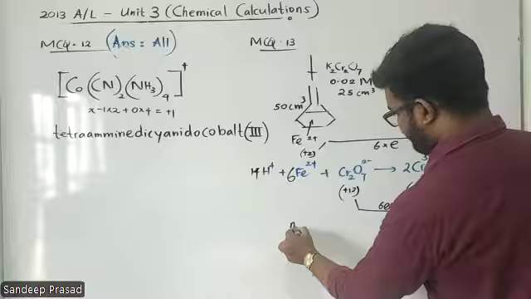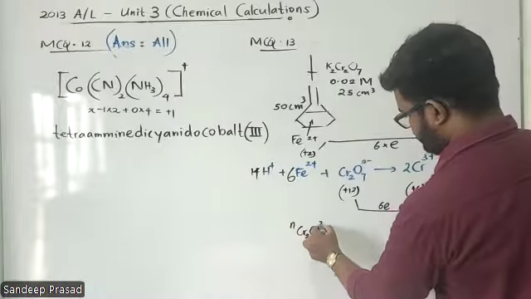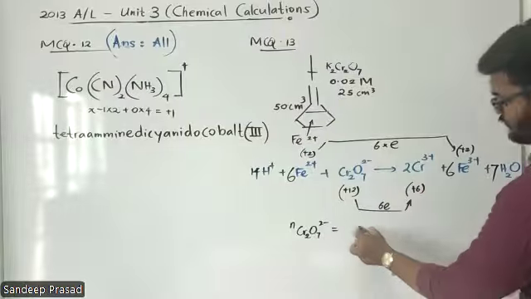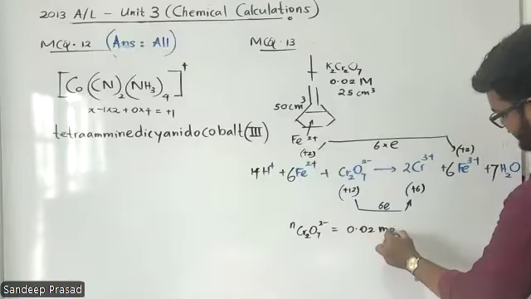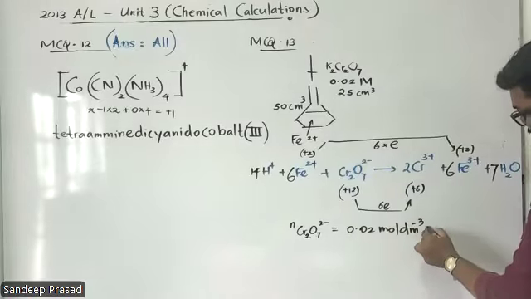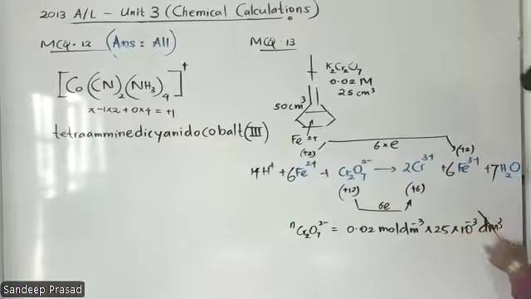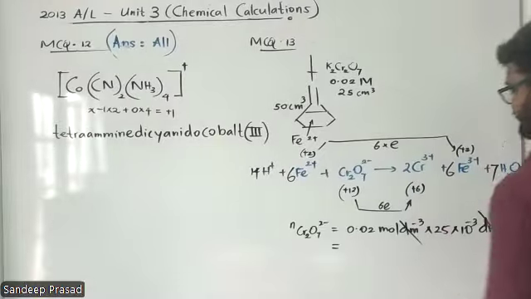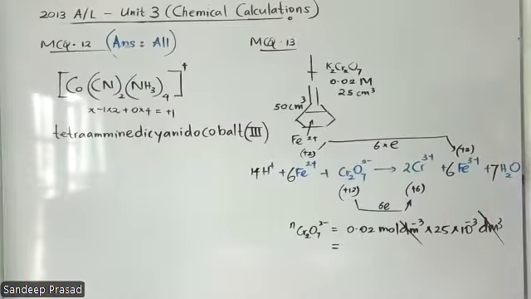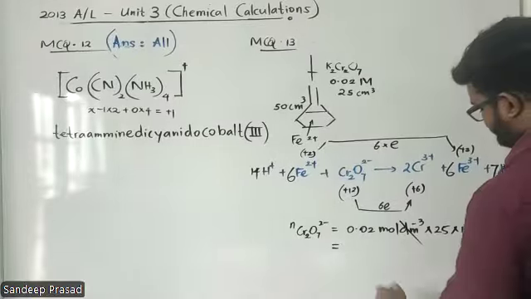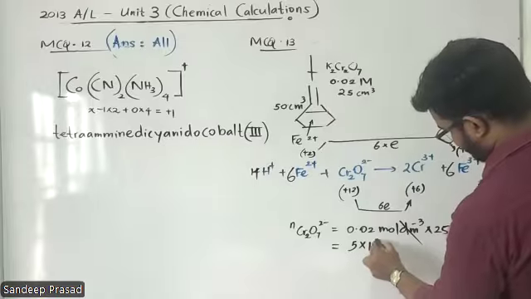Then we can find out the number of dichromate moles. 0.02 moles per cubic decimeter multiplied by 25 into 10 to the power minus 3 cubic decimeters. So therefore answer is 25 multiplied by 0.02, 0.5, which is 5 into 10 to the power minus 4.